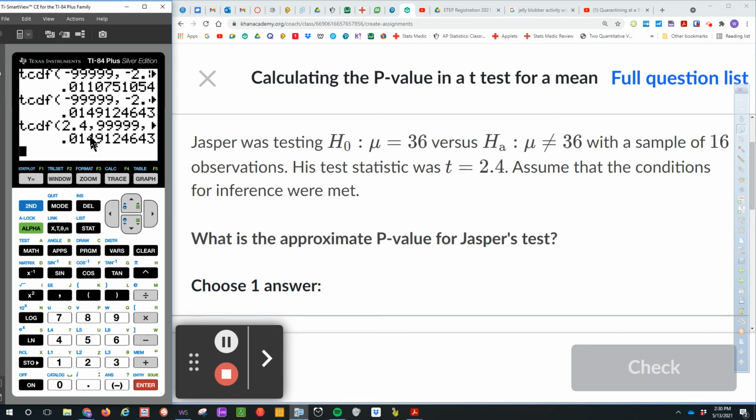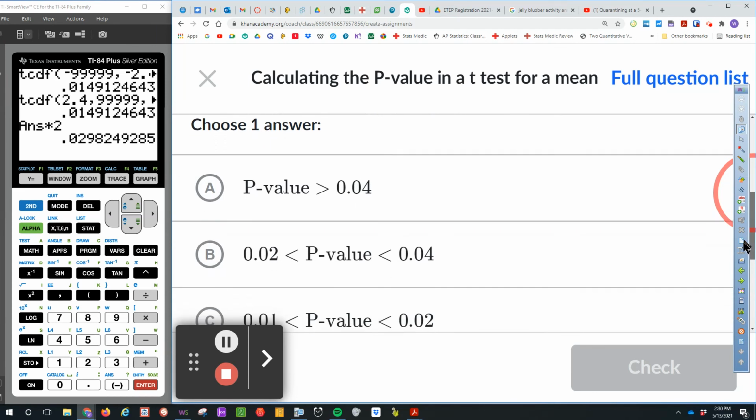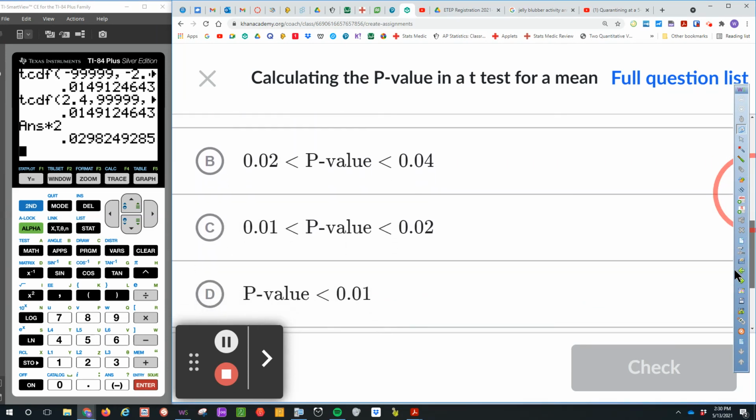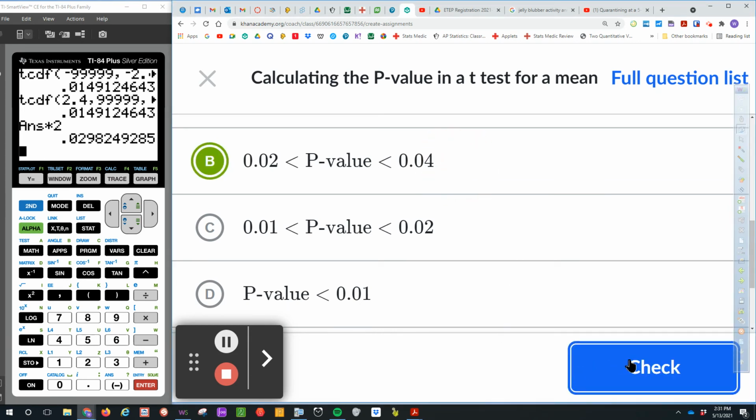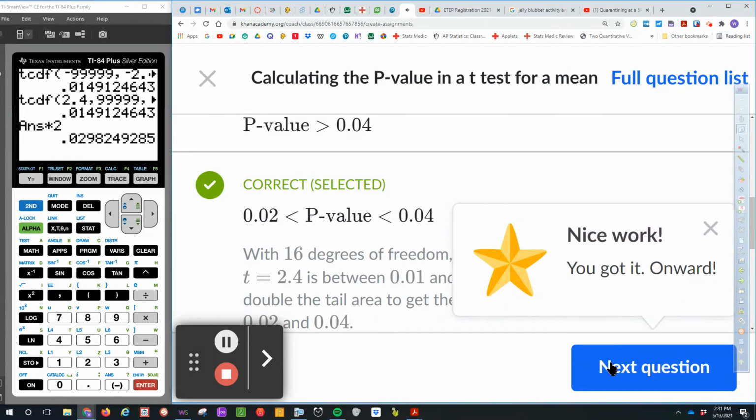They're the same area because they're identical, and I need to multiply by 2. So it's 0.0298, which is between 0.02 and 0.04.